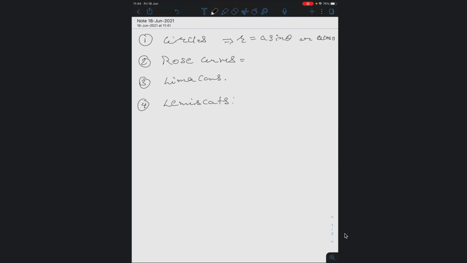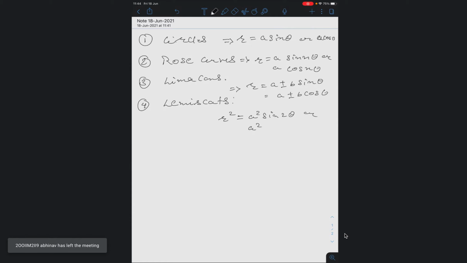Rose curves are something like r = a sin nθ, or a cos nθ. Limaçons are like r = a ± b sin θ, or a ± b cos θ. And lemniscates will be like r² = a² sin 2θ, or r² = a² cos 2θ. So these are a few standard curves which I'm going to explain.